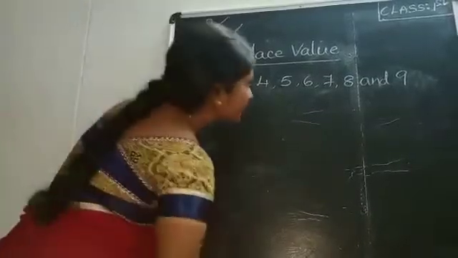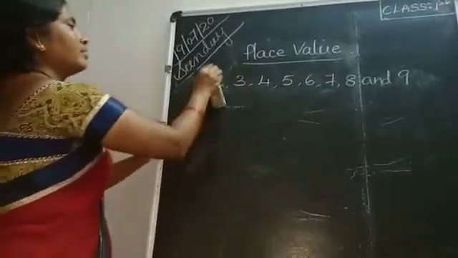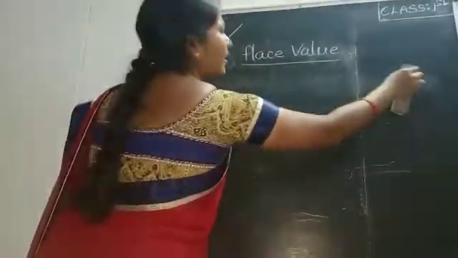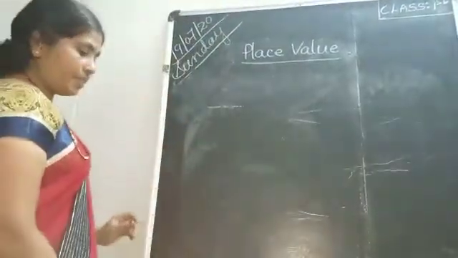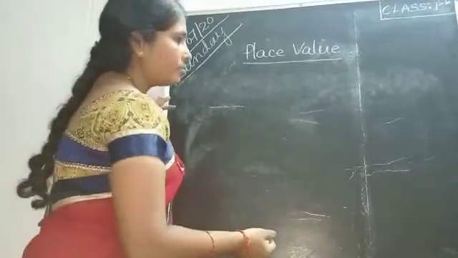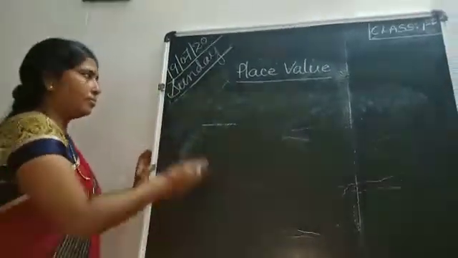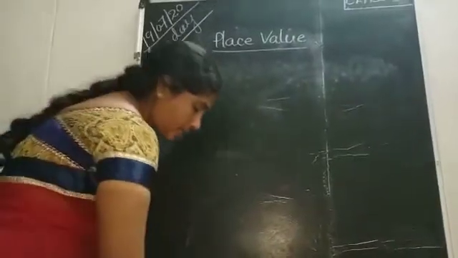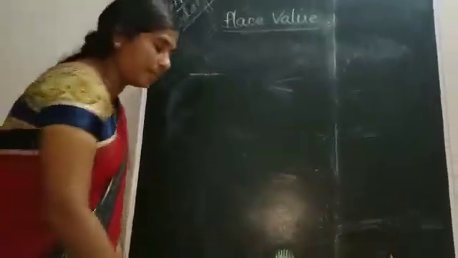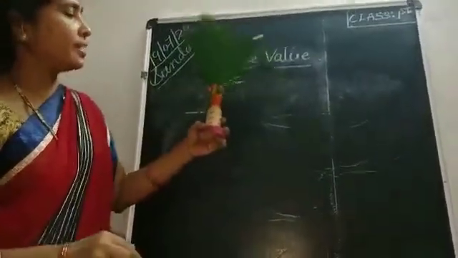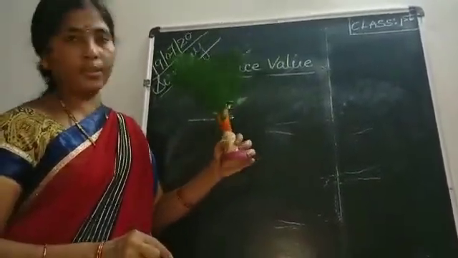Okay. Let's see how we are writing place values. See here, how many leaves are there? This is a coconut tree.